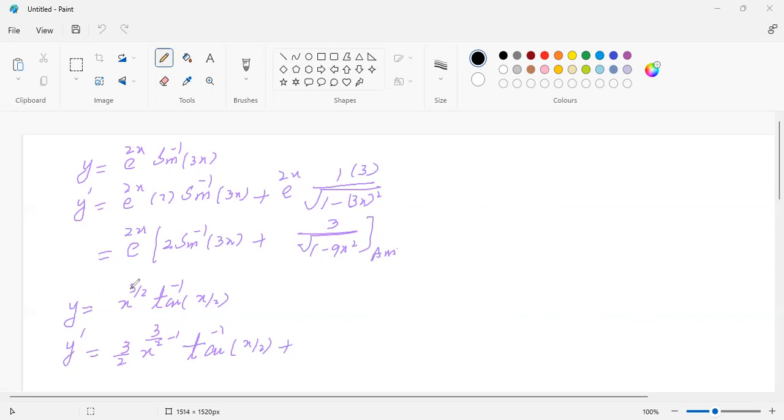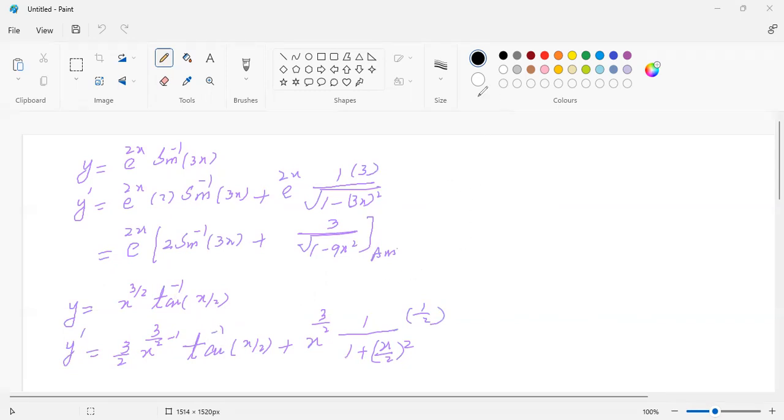Now keeping this term as it is, we have 3 by 2 into the derivative of tangent inverse, 1 by 1 plus x by 2 whole square, into the derivative of the inner function, which is 1 by 2.